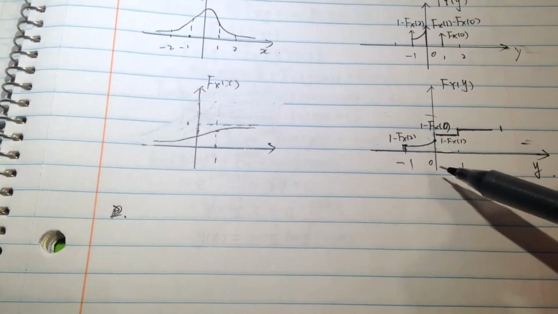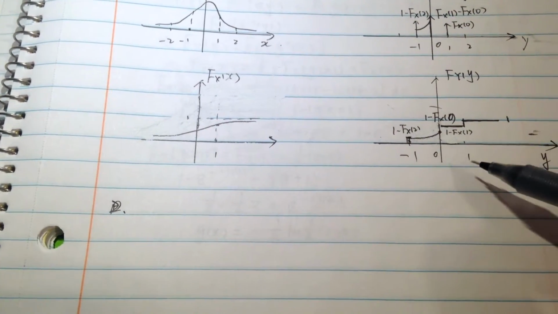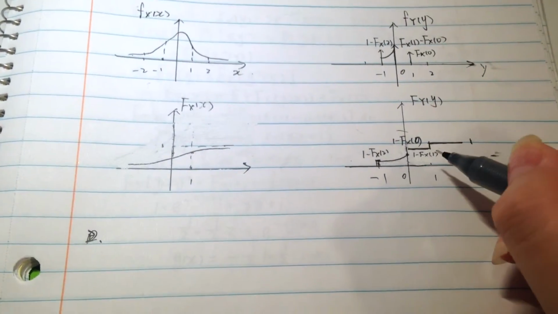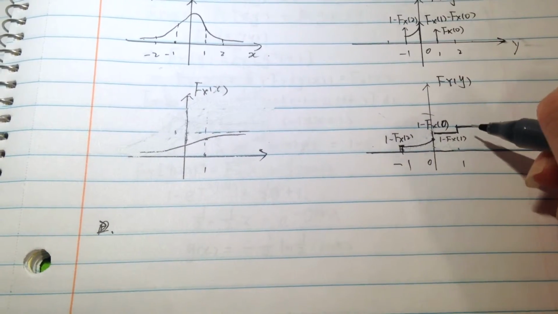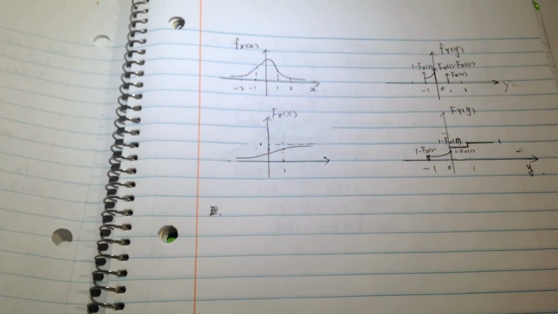When it's between 0 and 1, it's 1 minus Fx(0), and this one is here. For Y more than 1 it is 1. So this is the first question.